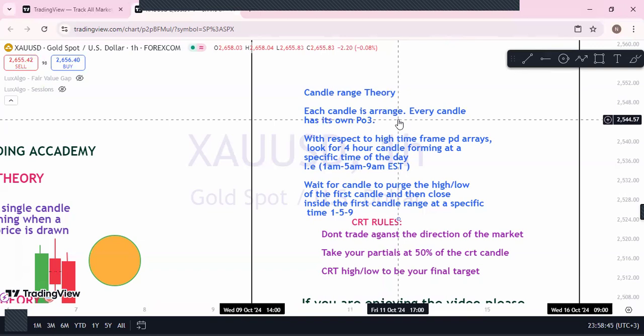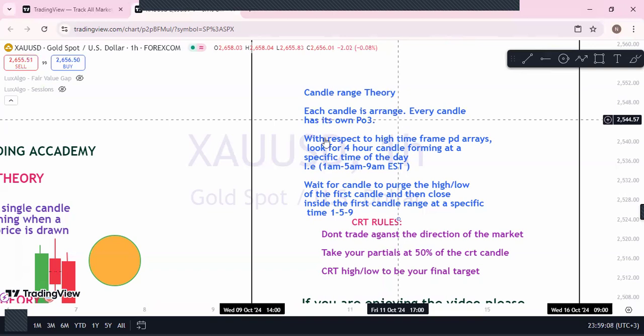That single daily candlestick has a lot of candlesticks in the lower time frame. That's why we say that every single candle has its own power of 3, because there is formation of different directions concerning the different time frames.